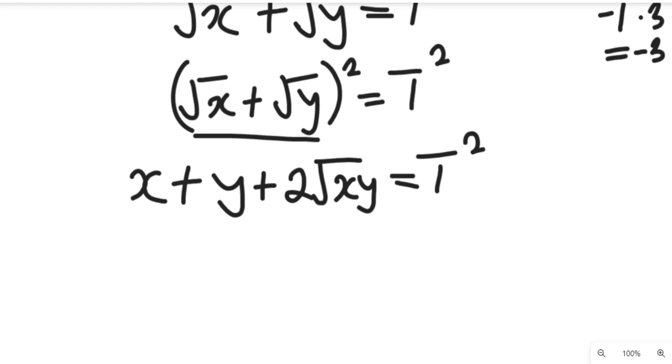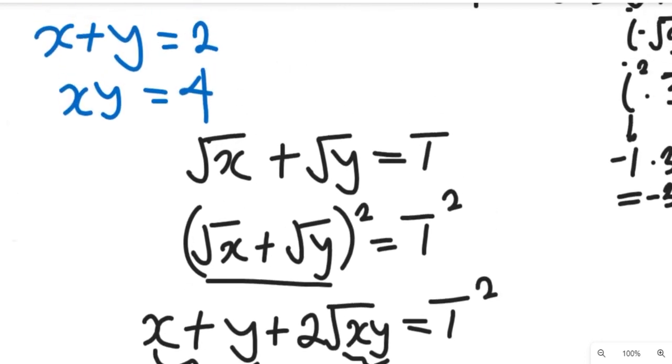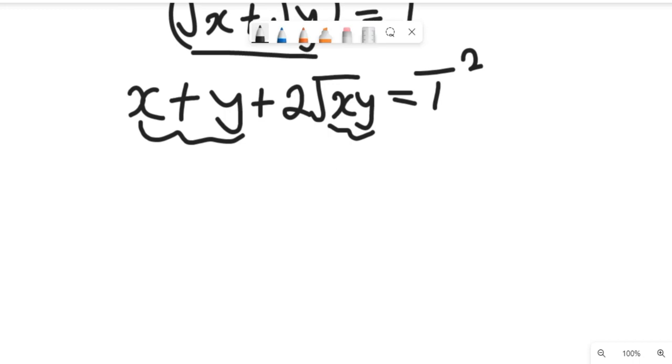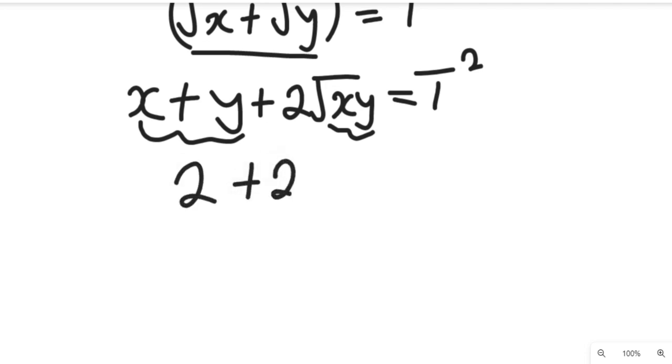Now come to think about this. We already have the value for x plus y and we know the value for xy. So let's substitute x plus y equal to 2 and xy equal to 4 into this expression. If we do that, we are going to have this be equal to 2 plus 2 multiplied by square root of 4, and that will be equal to t square.